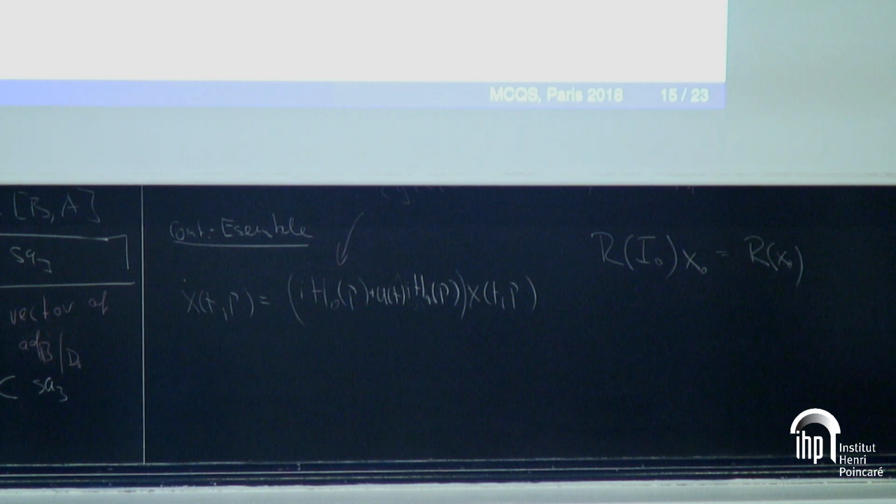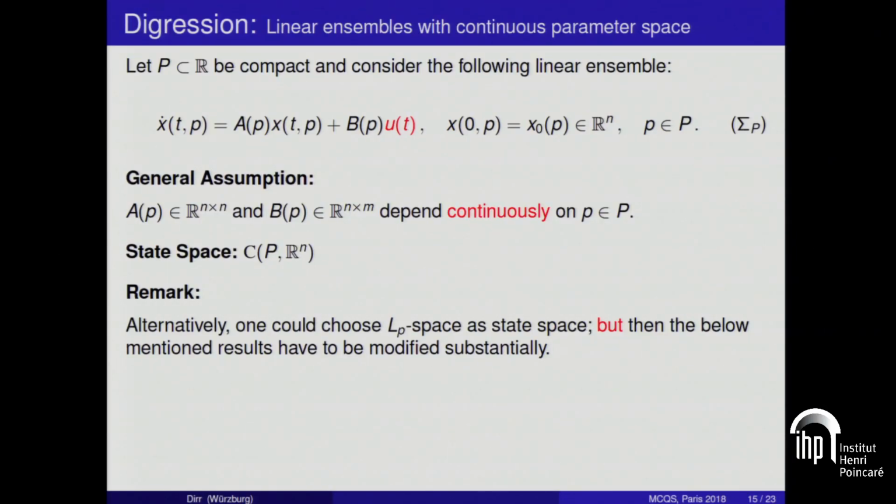Okay, so now this is a linear ensemble. It's no longer bilinear because the control term enters linearly. Again, we do assume that A and B are continuous. We choose as a state space the space of all continuous functions. I have to remark that you can certainly change the state space, you can also consider some Lp space, but the results will change substantially.